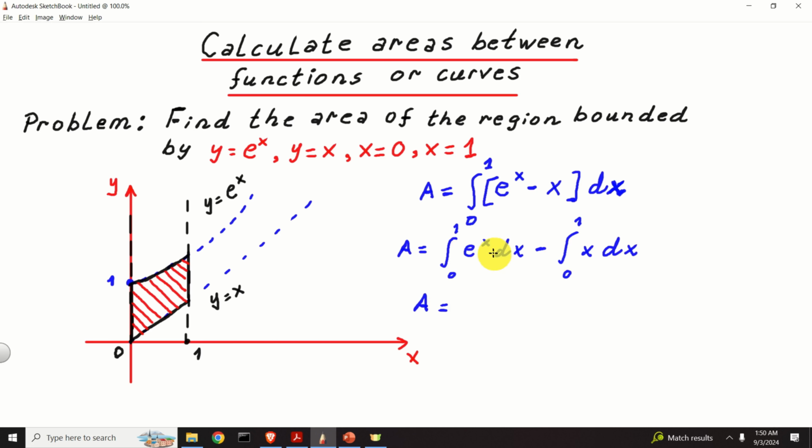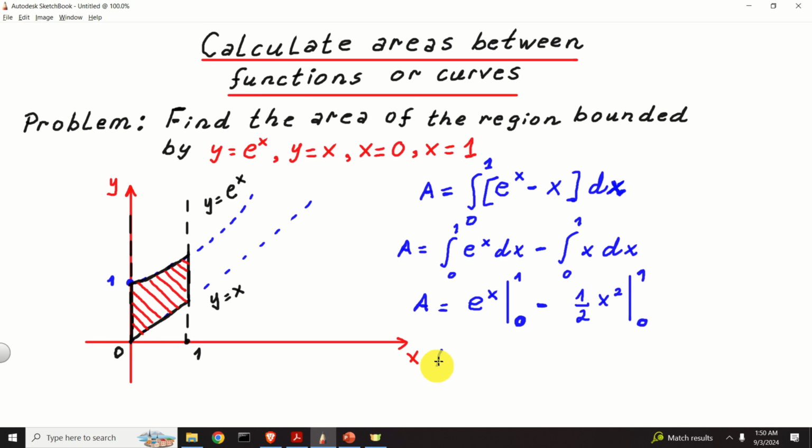Area becomes the integral of e to the power x, which is simply e to the power x, and let's not forget the upper and lower bounds. We draw a vertical line. This means that this function should be evaluated at 1 and 0. And over here, we need to compute this integral. The integral becomes 1/2 x squared, and don't forget the boundaries, 0, 1.